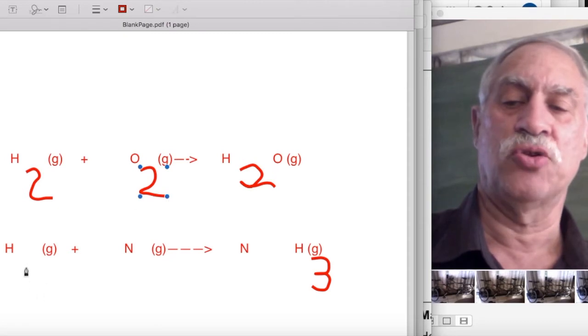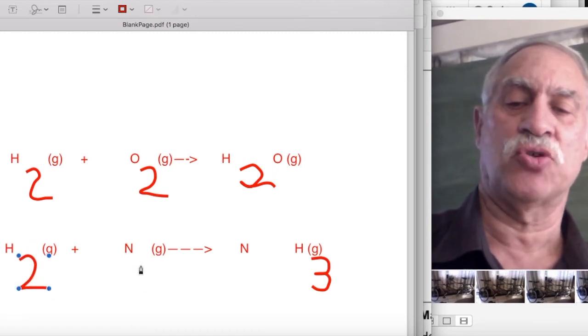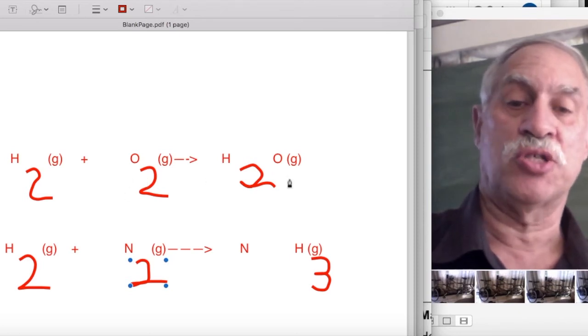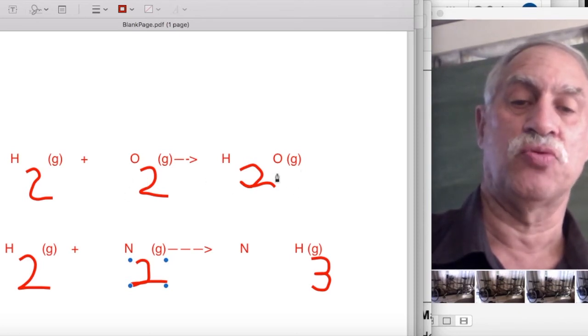So when we go to balance equations, we go to all the H's, that's diatomic, and we put a 2. And nitrogen is also diatomic, so we've also got to put a 2. So you'll see hydrogen, oxygen, but we're not allowed to change. We don't put a 2 after that oxygen.